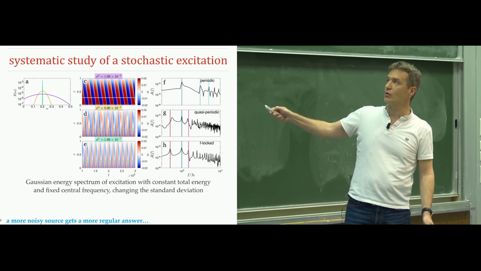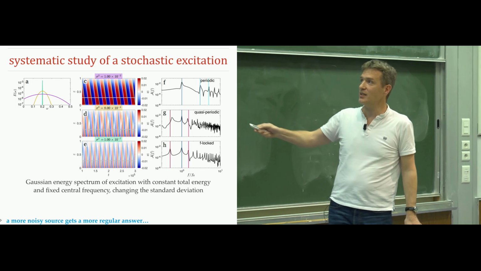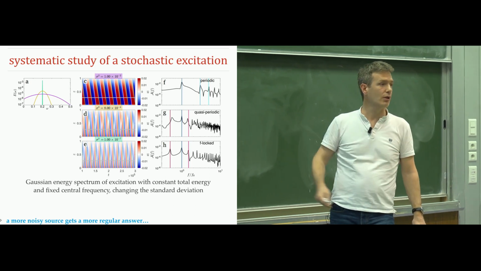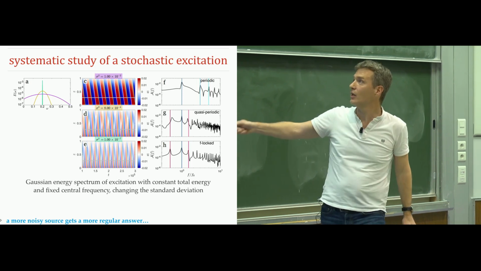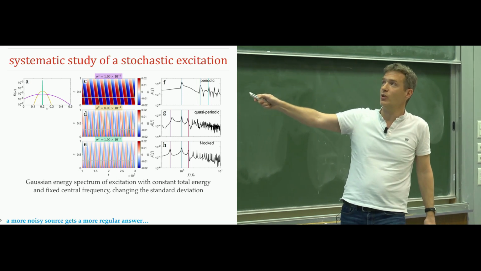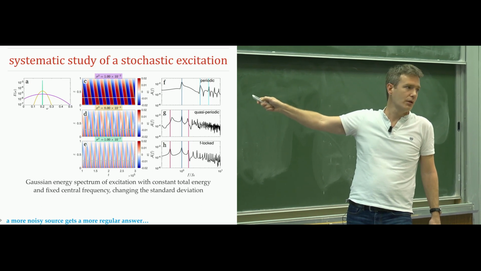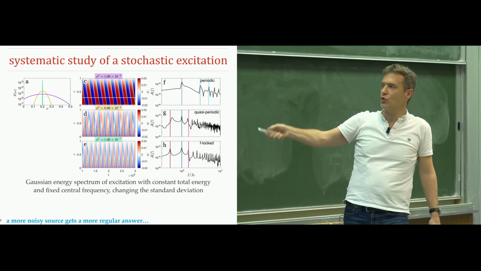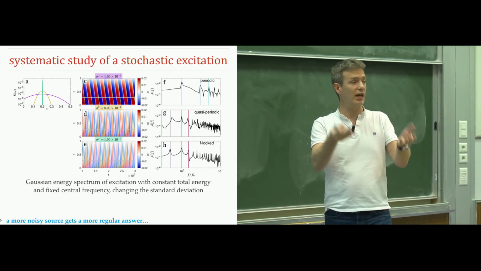It goes to quasi-periodic, so even more noise if you want. But the surprise is that if you take an even larger spectrum of excitation, the system self-regularizes. Actually, you obtain a very nice regular quasi-biennial oscillation with one single frequency. So somehow this strange system, the more noise you put in your source, the more organized it becomes.